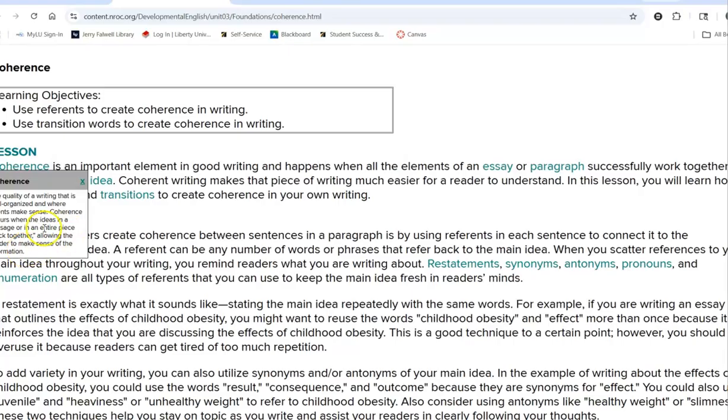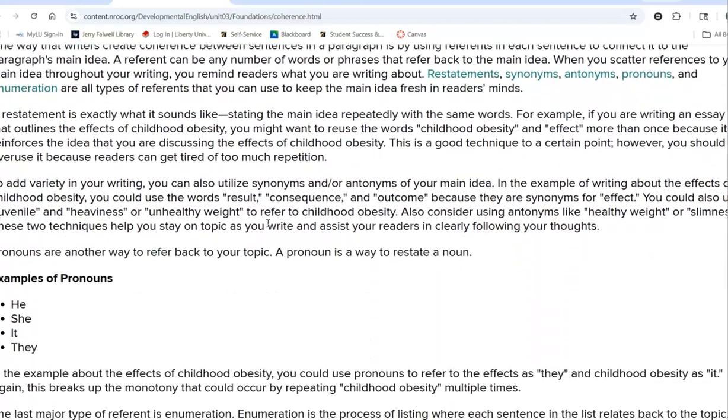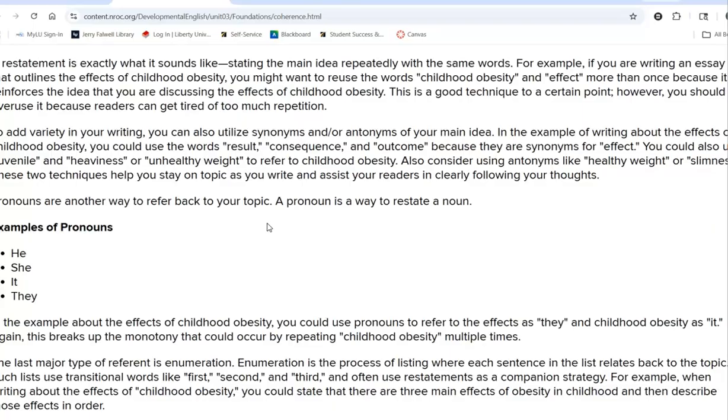And so in this definition over here, it says that coherence occurs when the ideas in a passage or in an entire piece, quote, stick together, allowing the reader to make sense of the information. And so coherence means that you need to have certain words or terms that link ideas.